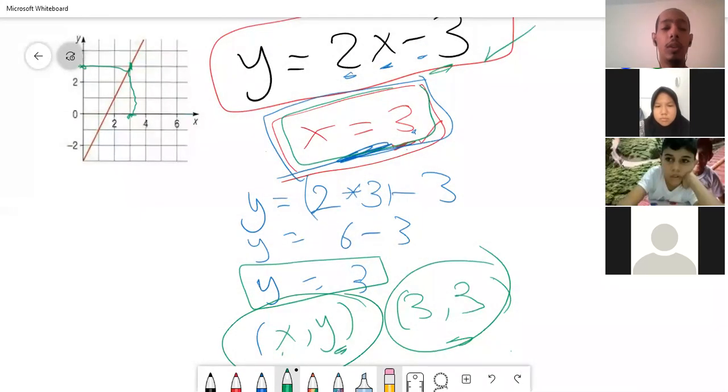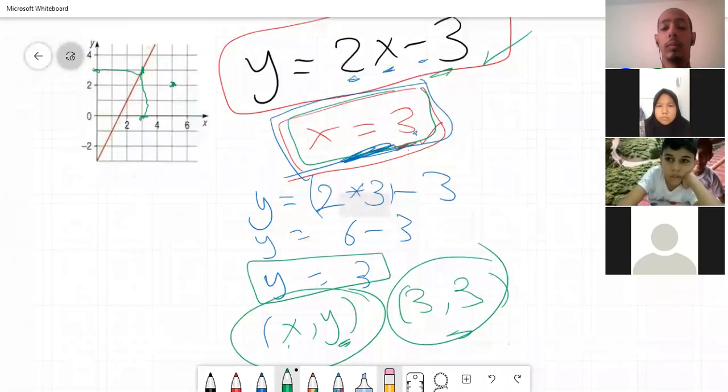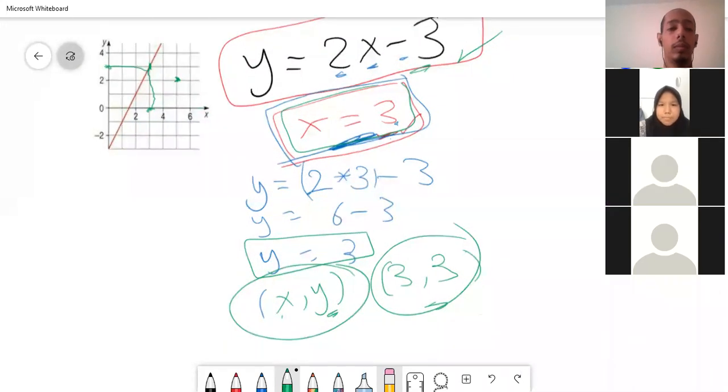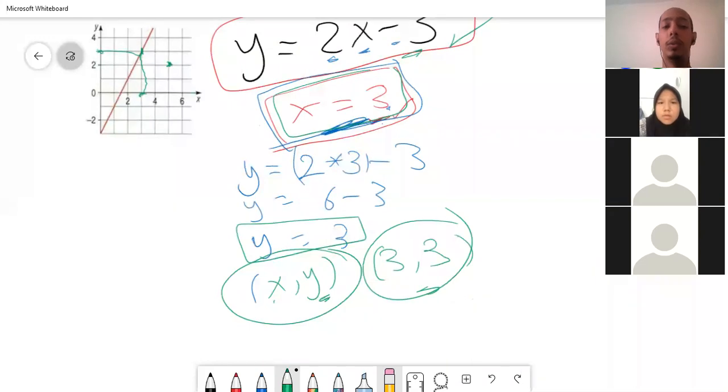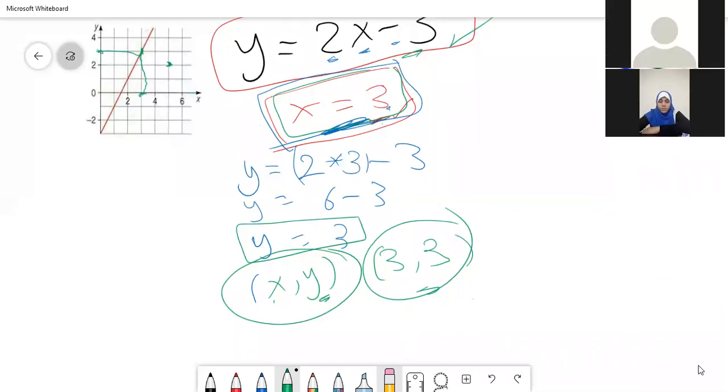Let's say, for example, let's take this point. Who can tell me what is this point? What are its coordinates? 2 and 5. Ithar, can you tell me?